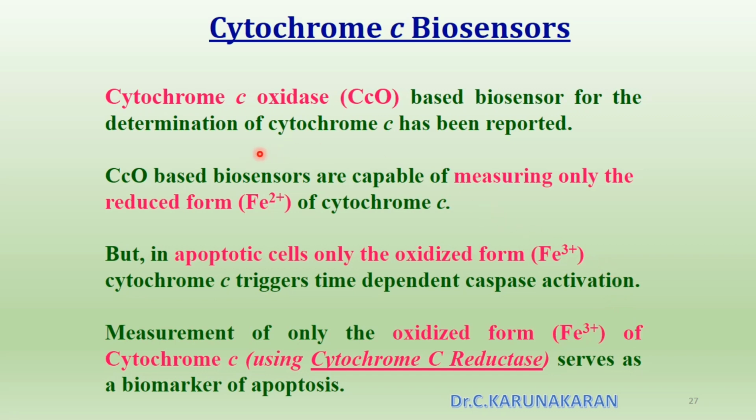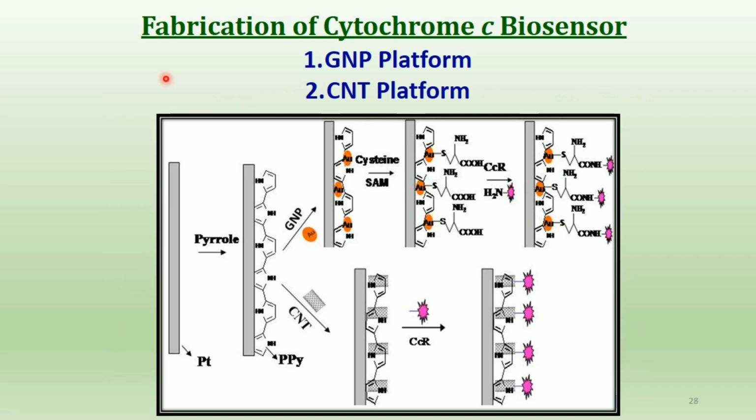There are reports who have used cytochrome C oxidase to measure cytochrome C level, and in our study we have used cytochrome C reductase to measure the oxidized form of cytochrome C that is actually involved in apoptosis, because only in oxidized form it is released into the cytosol.